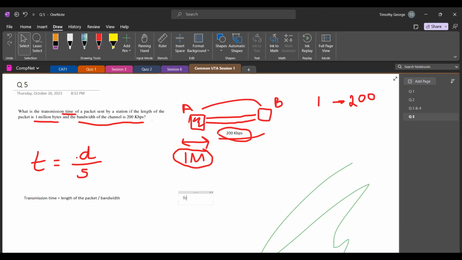So let's find out what that is. Transmission time is equal to the length over the bandwidth. The bandwidth is given here as 200 kbps. K is 1,000, so you're going to add 3 more zeros.